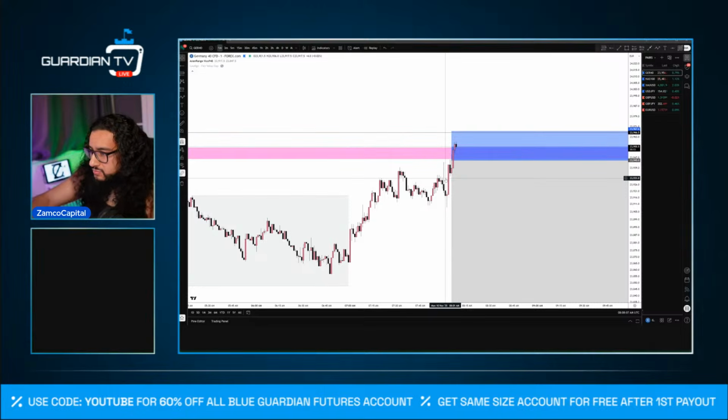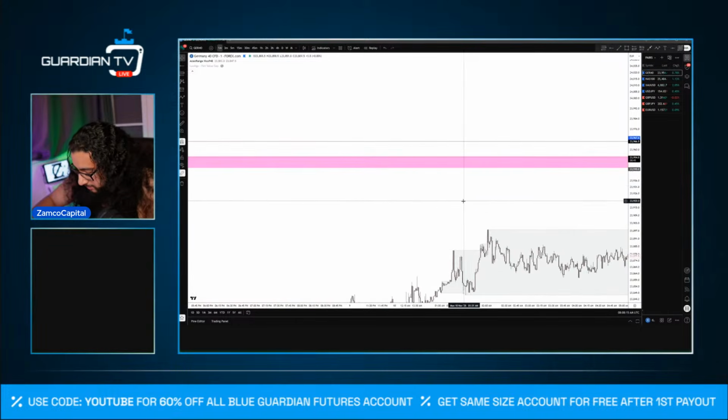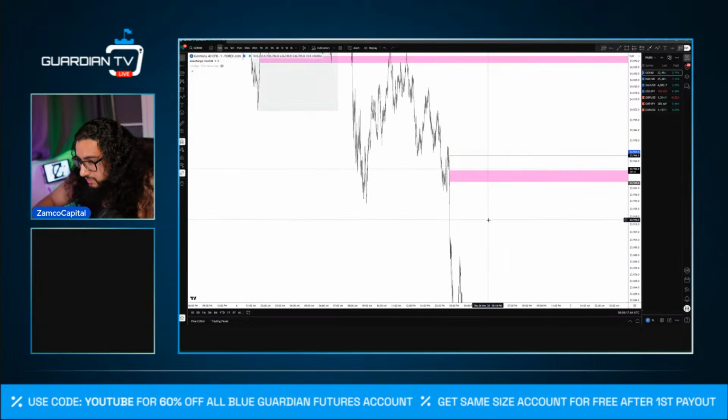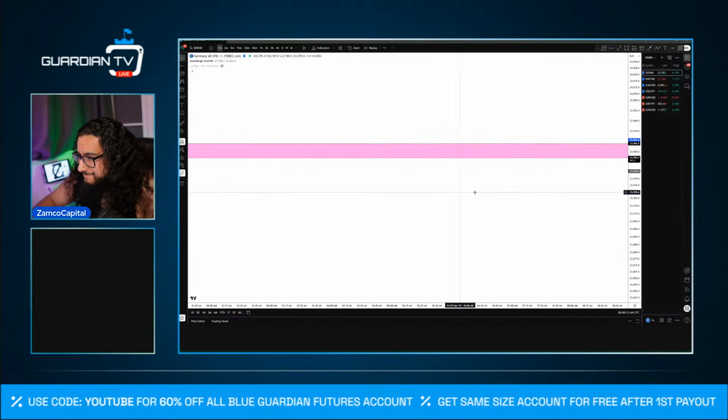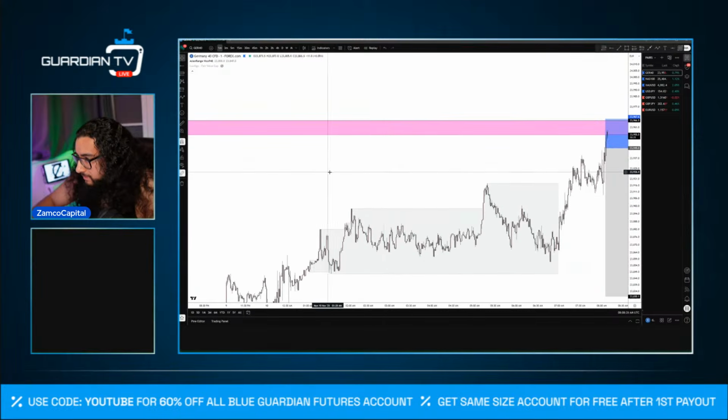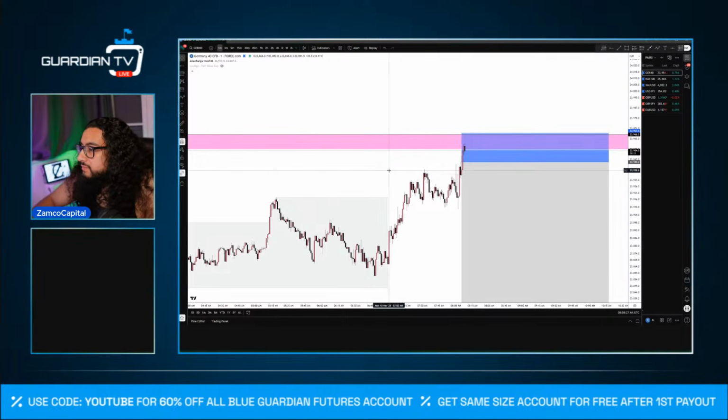Can we please push down? Okay, so we've gone past the inefficiency, but we're still within the 1 minute order block. This is a very risky trade. Very stupid one. But we'll see.